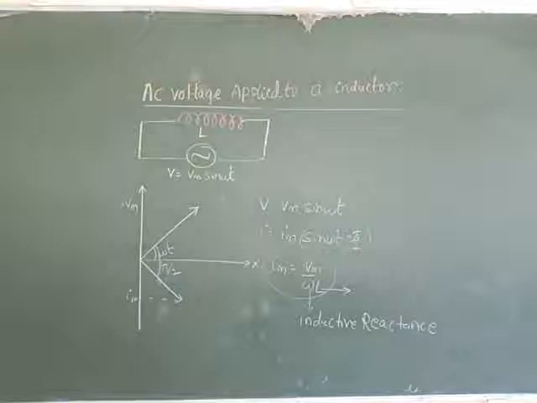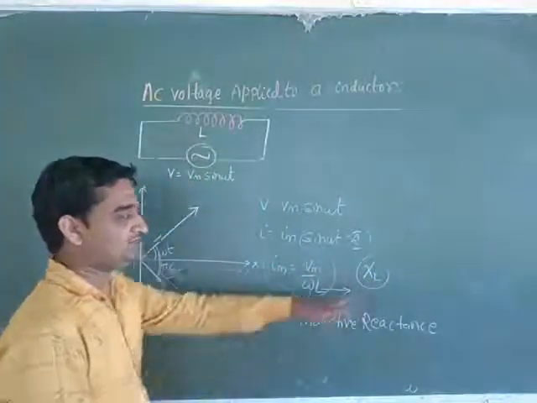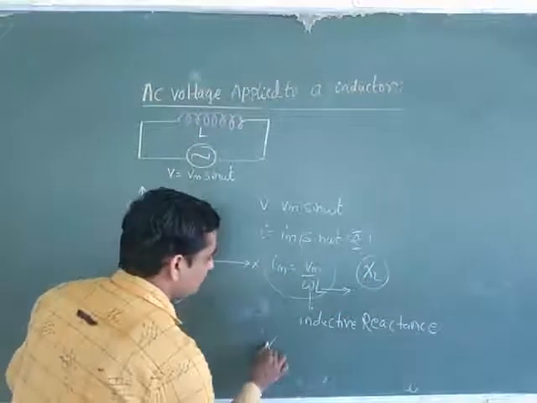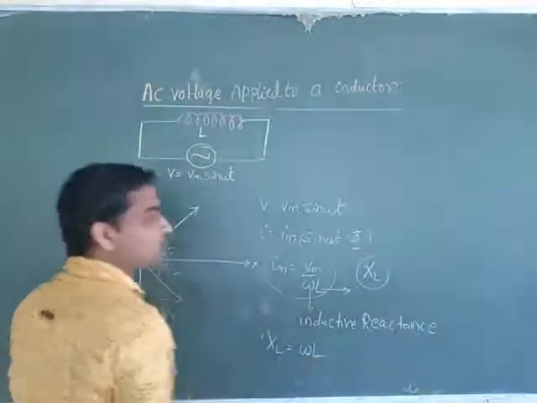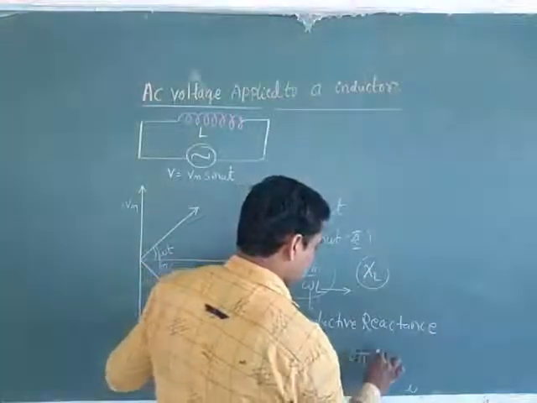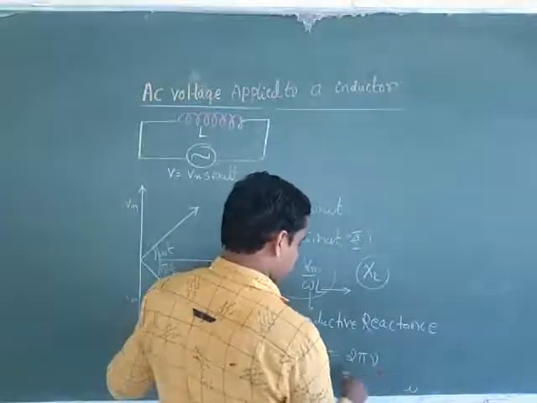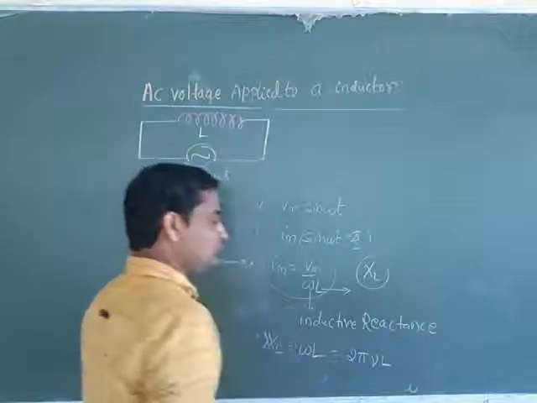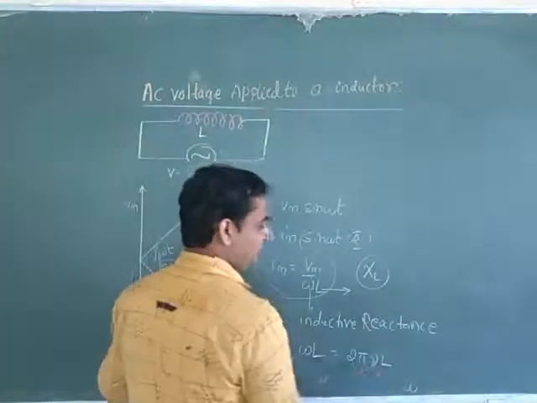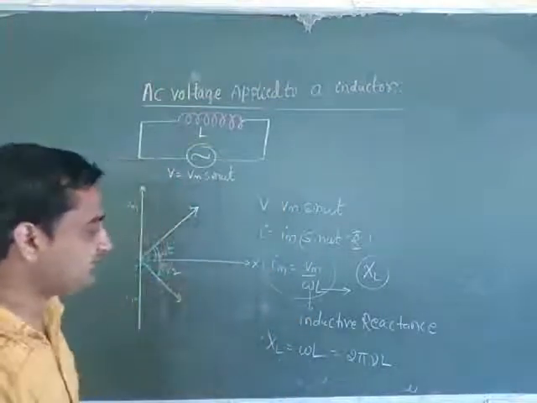Now, in terms of a formula, the inductive reactance is denoted by XL, X with suffix L. XL is equal to omega into L, and you know that omega is equal to 2 pi nu, where nu is the frequency of the AC current and L is the inductance of the inductor.